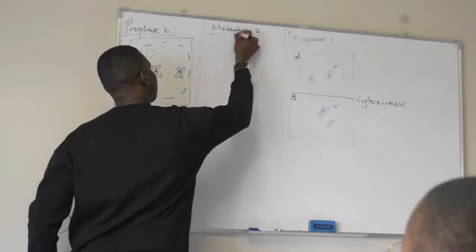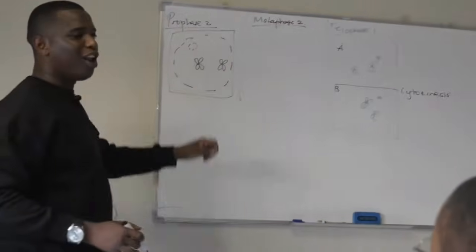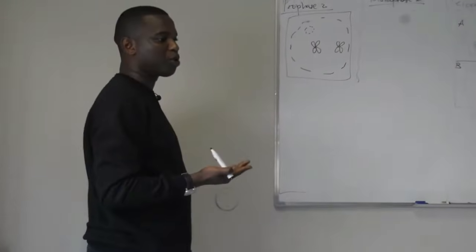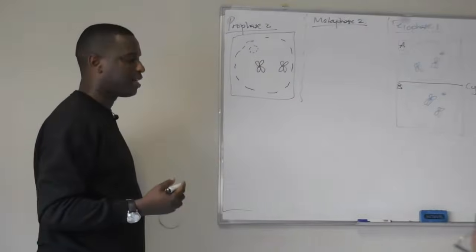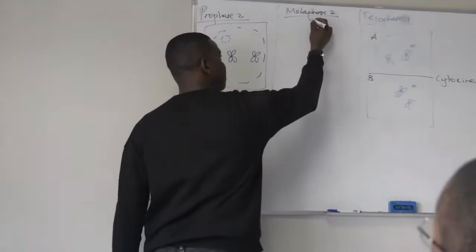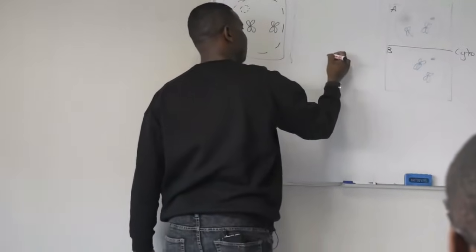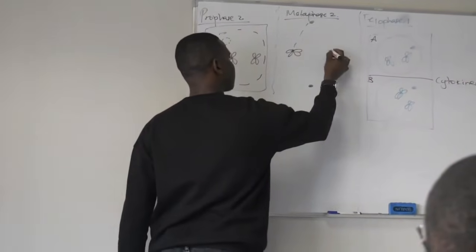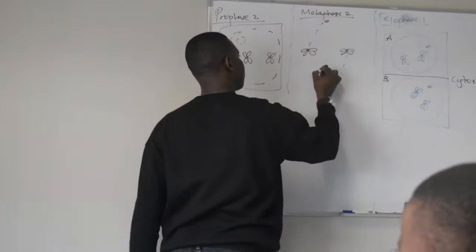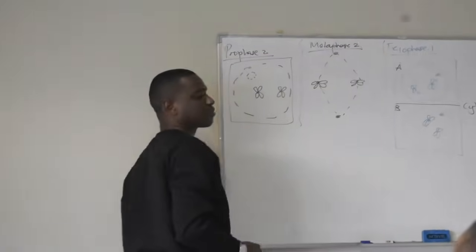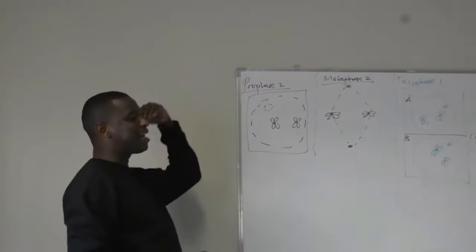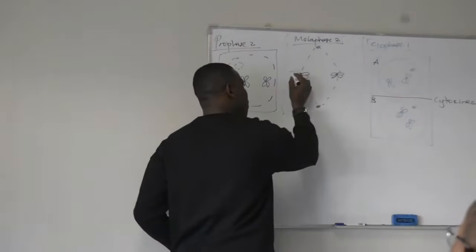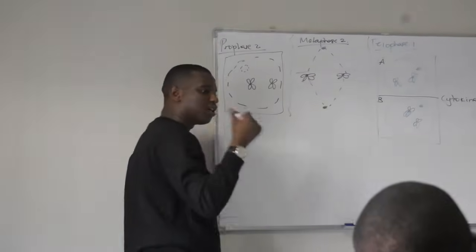We go to metaphase 2. We no longer have 4 chromosomes, which means we cannot have homologous chromosomes or homologous arrangement. What is going to happen? This is what is going to happen. Can you see the difference between that metaphase and this metaphase? In this one, we are arranging in a single row.